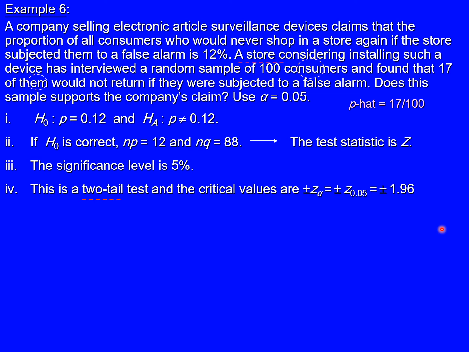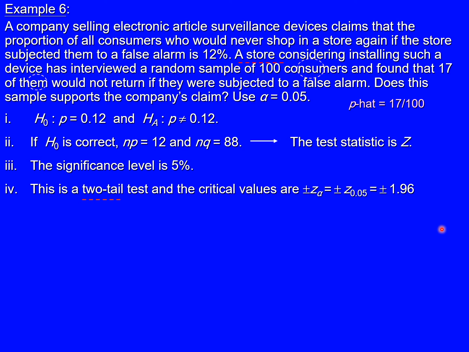The fourth step is to decide about the sampling distribution, the critical values and the critical region. This test is a two-tailed test, so to obtain the critical value we must divide alpha over 2.